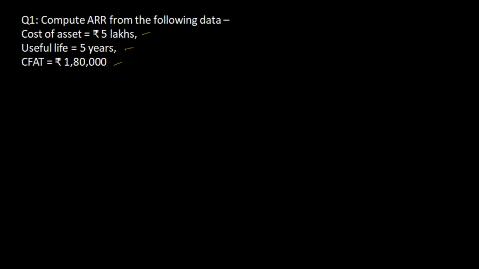Okay, talking about CFAT, you already know about CFAT. It is cash flows after tax. If you remember that in payback period, we have solved various problems on this CFAT. So CFAT is cash flows after tax, and it is profit after tax plus depreciation. Let me write the formula first, so you will get to know what you need.